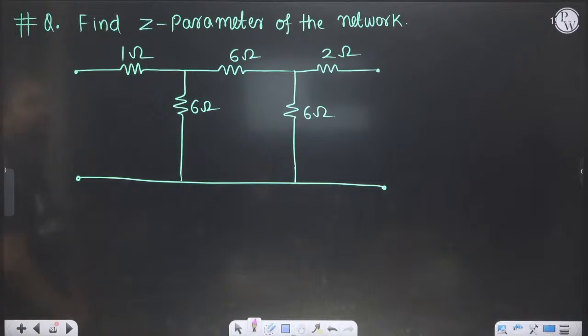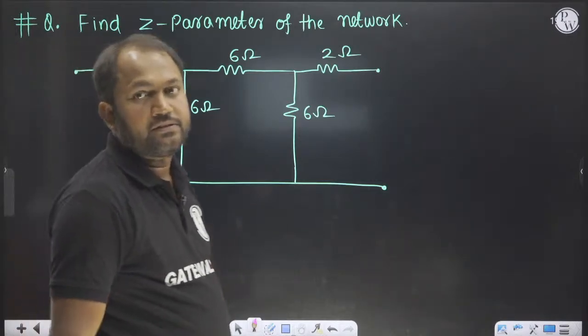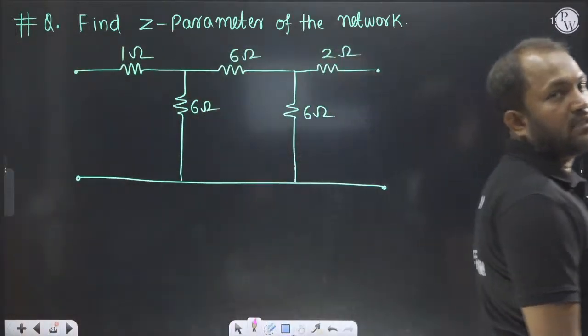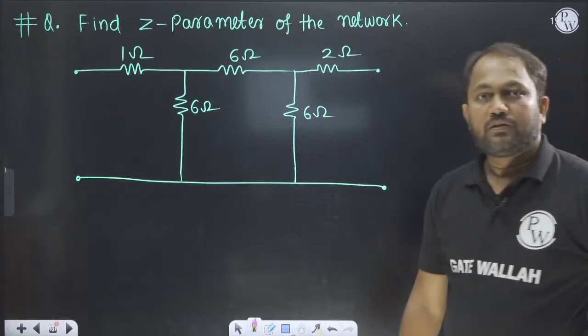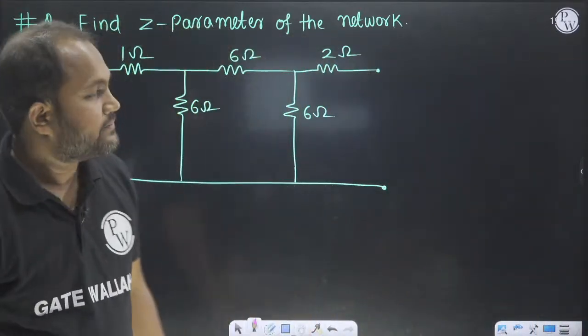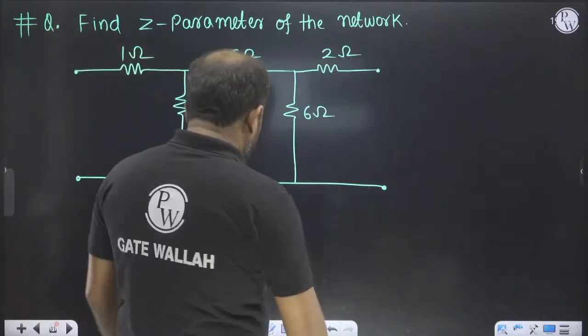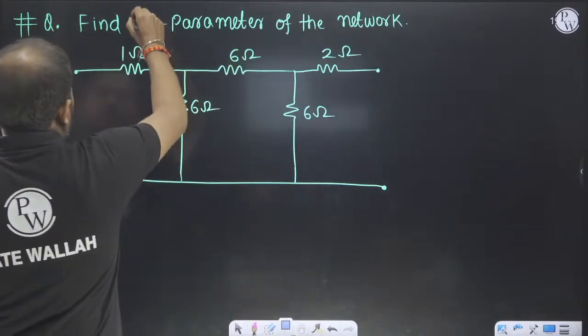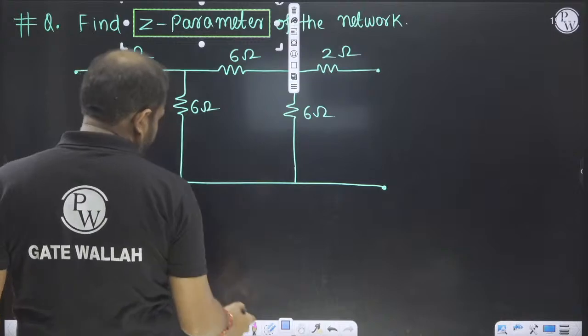Next they are asking Z parameter. In this point they are asking Z parameter. How to find Z parameter? It is very important.